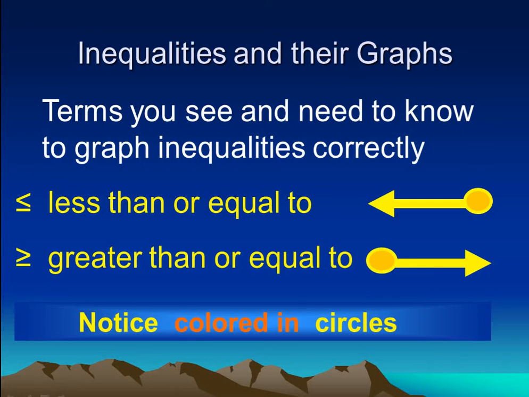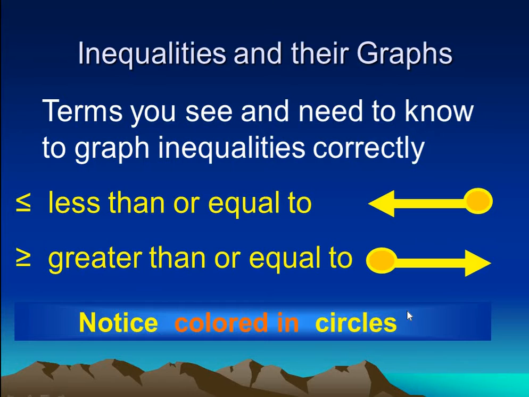So it will be less than or greater than with an equal sign. This here means equal to. It means that the value the circle is on is included in the inequality. It makes the inequality true or correct.